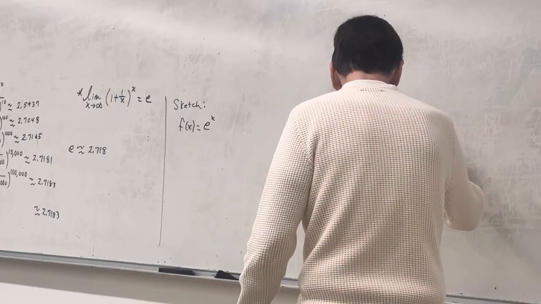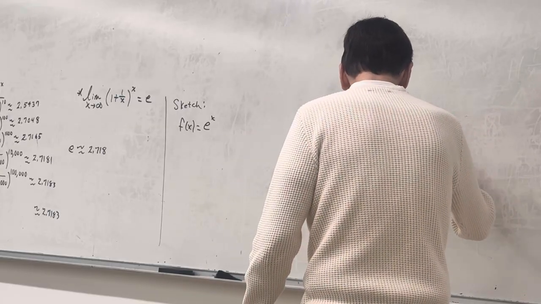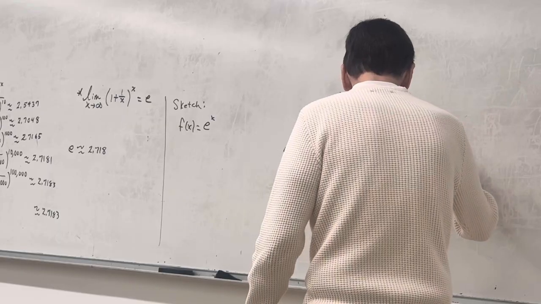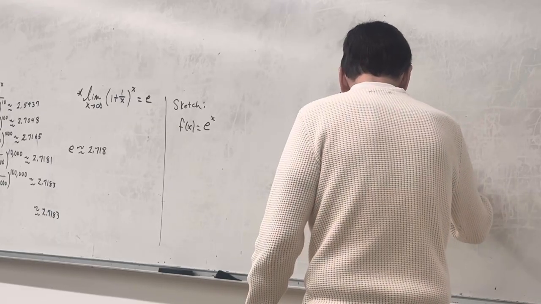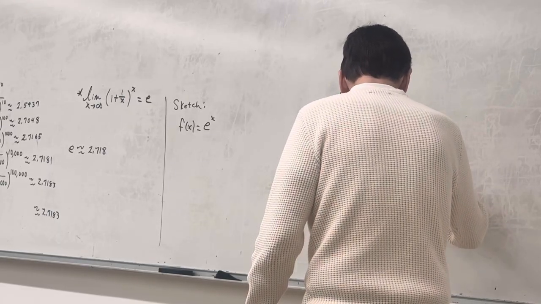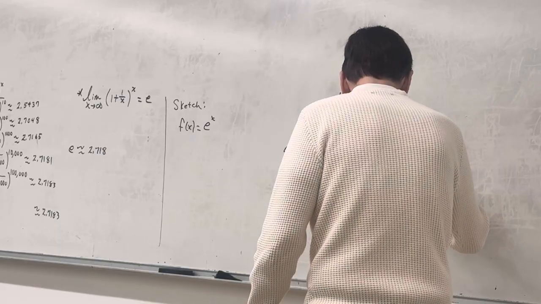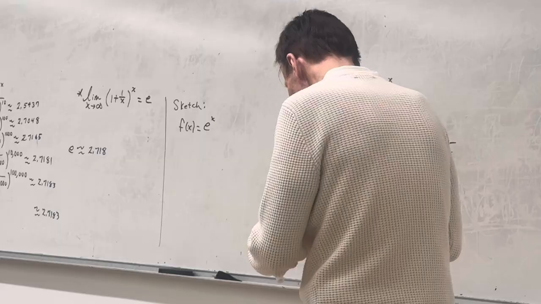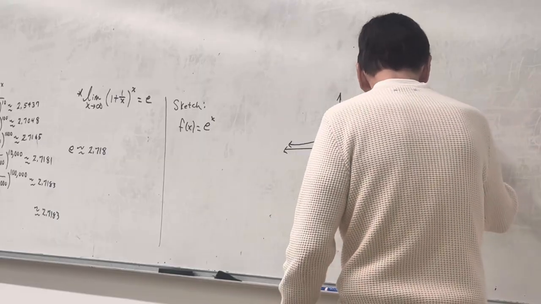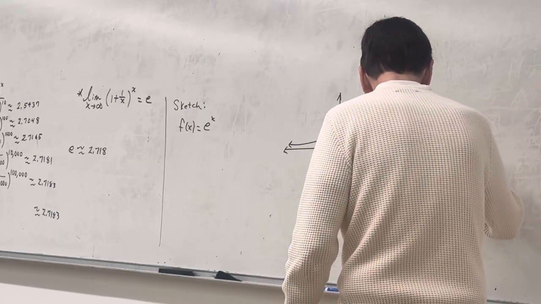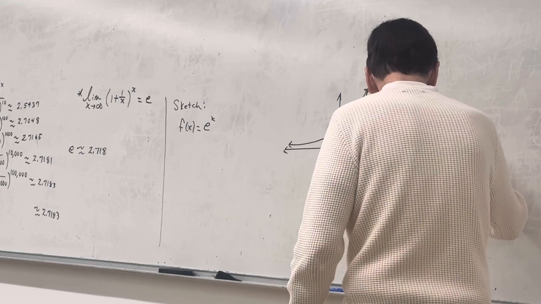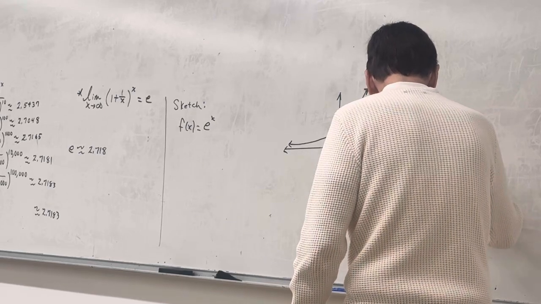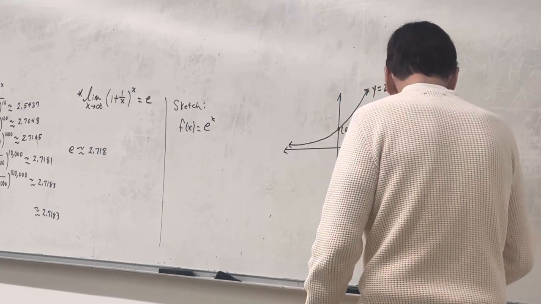This is 3 raised to negative 2, 3 raised to negative 1, 3 raised to 0, 3 raised to 1, 3 squared. Values from elementary school: 1/9, 1/3, 1, 3, 9.